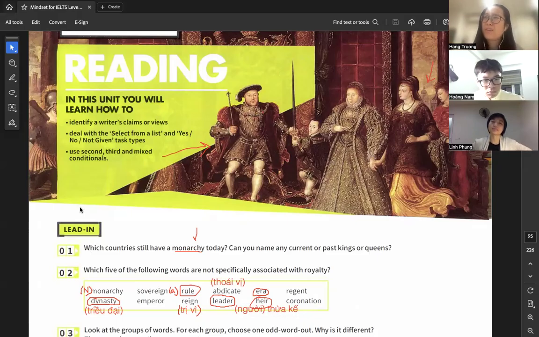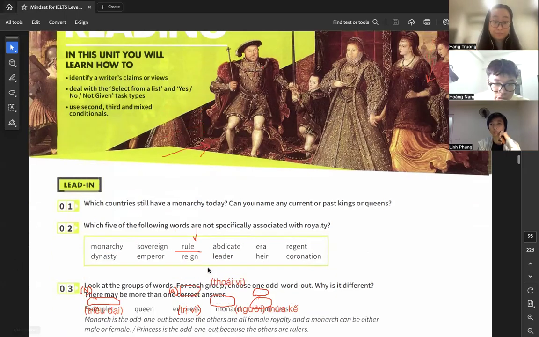So I don't know what the word is in Vietnamese, but you get the idea, right? So anyway, you can see that these are very specific English words that we have to know the meaning of before we jump into a text that talks specifically about monarchs in the past.